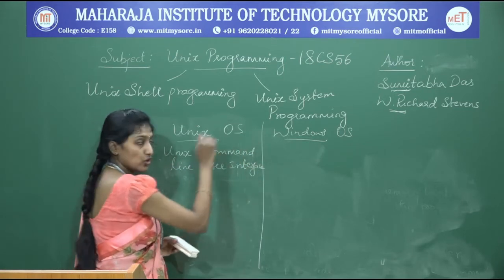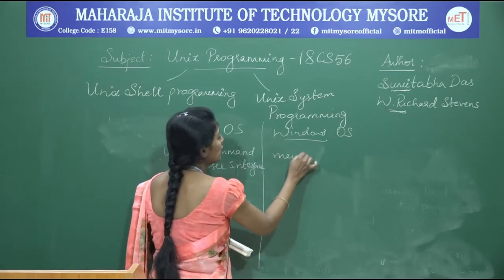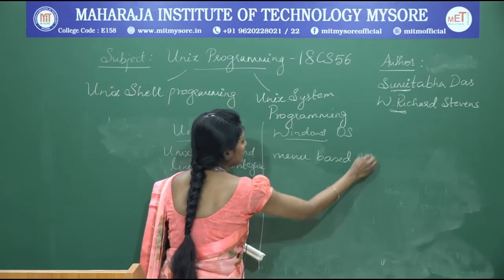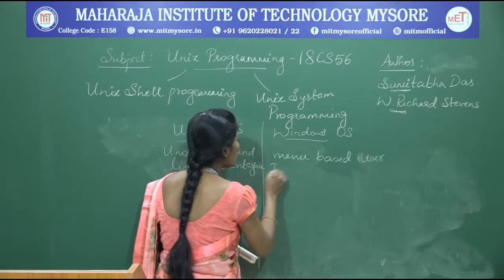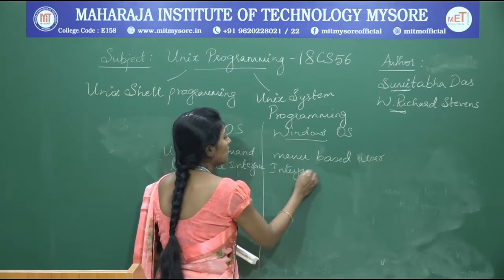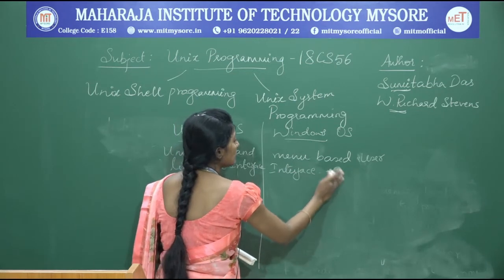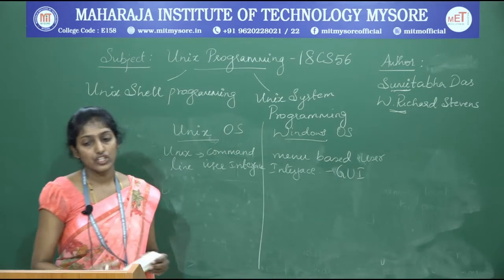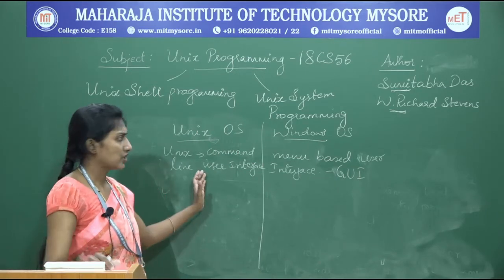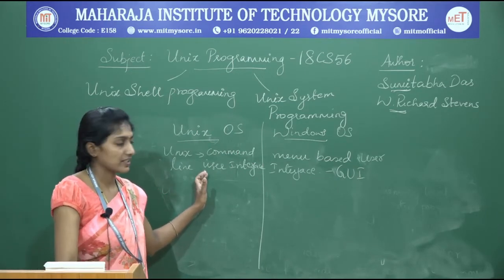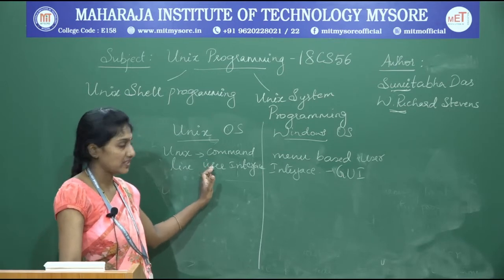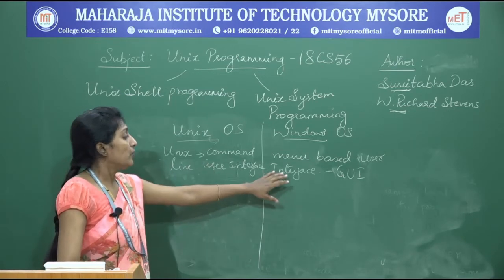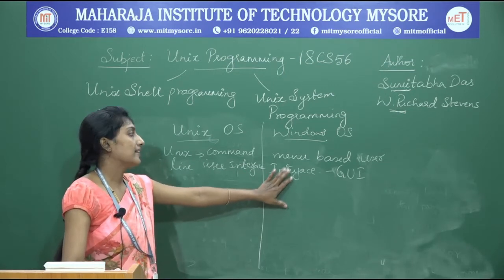Okay. Whereas Windows is a menu based user interface. Menu based user interface means we use a graphical user interface, that is GUI. Yes, of course, even in Unix nowadays we use a graphical user interface in the latest versions. Whereas Windows is completely menu based.